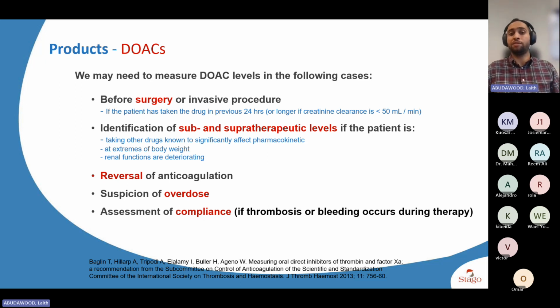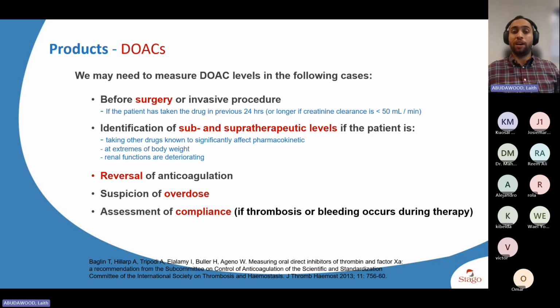However, there are still cases where we would want to know the DOAC level in the patient's blood. For example, if the patient is going for surgery and they have taken this medication in the last 24 hours, or in case they have creatinine clearance below a certain limit, which means that the body is not able to get rid of this DOAC as expected.